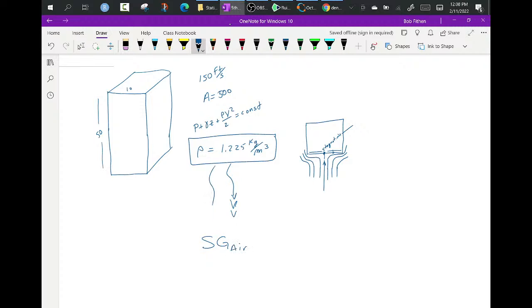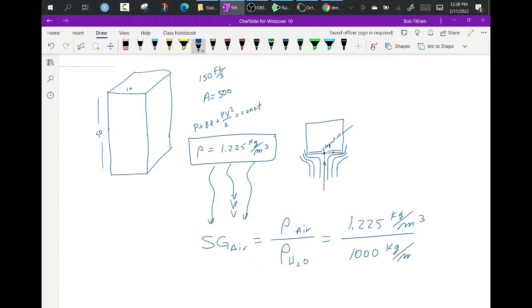So I'm going to do something really strange. That will give me 1.225 kilograms per meter cubed over 1,000 kilograms per meter cubed, because that's what that is.